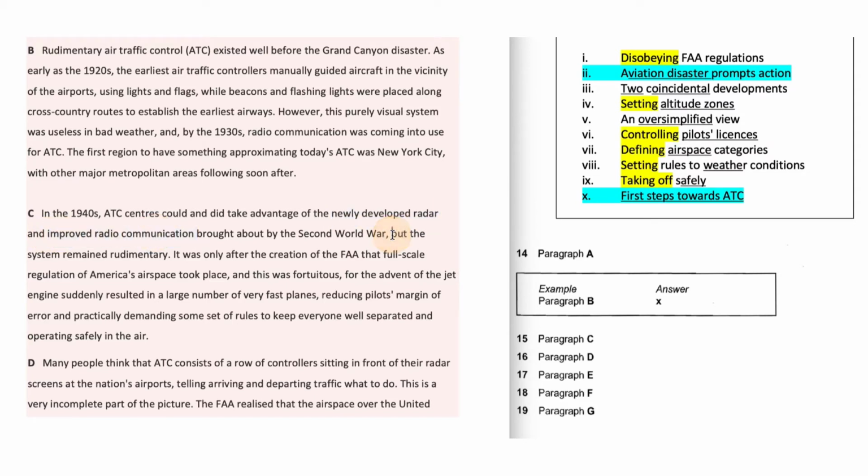And then it says, but the system remained rudimentary, meaning the system remained a bit old. And then they're saying only after the creation of FAA, full-scale regulation of Americans' airspace took place.